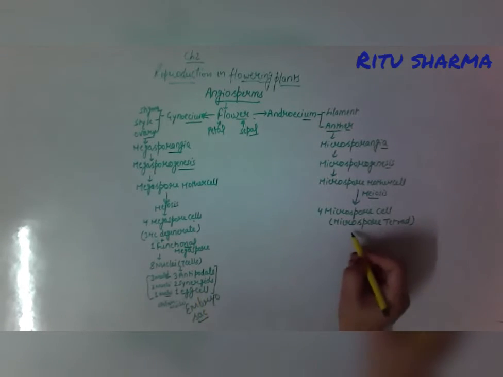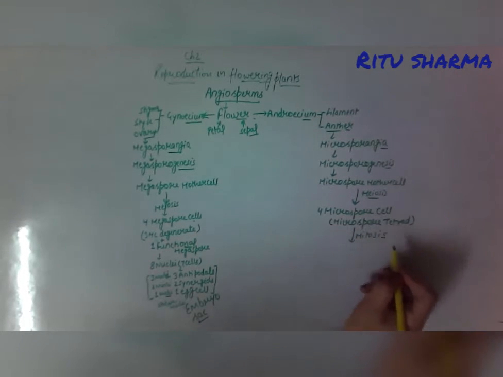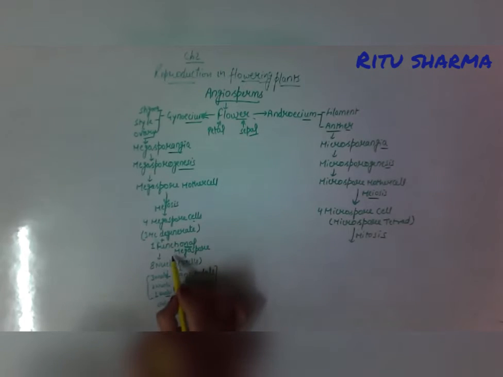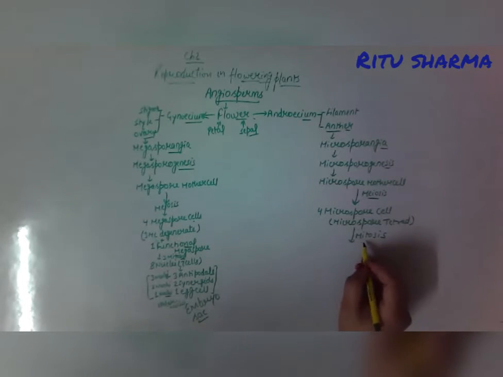Now let's see here. The microspore tetrad undergoes mitosis division. The functional megaspore undergoes 3 mitosis divisions, so that's why it forms 7 cells with 8 nuclei. Various mitosis divisions cause the formation of a number of pollen grains.